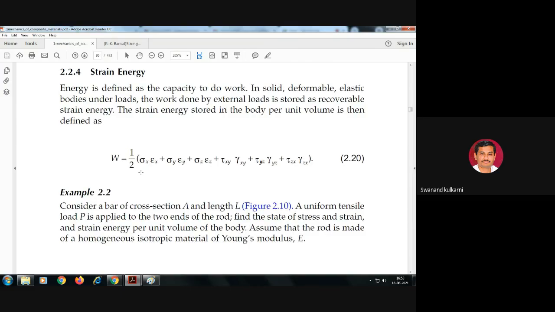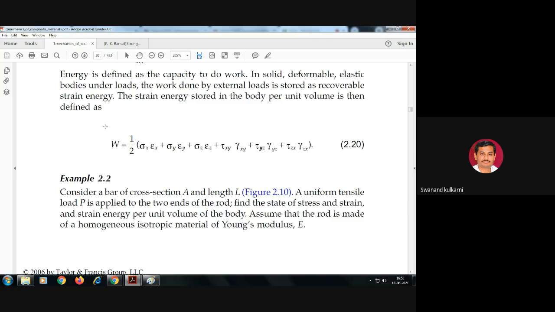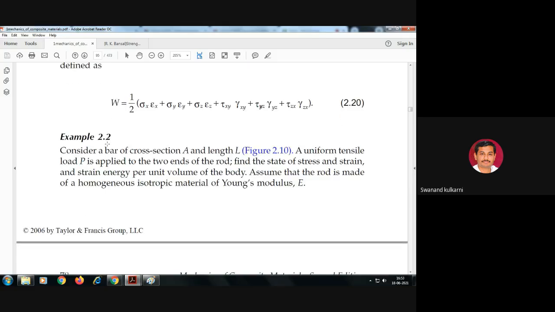But definitely that is the multiplication of stress and strain, because we take the area under the curve. Initially it is 0 and finally sigma x into epsilon x, we take the average, and that's why 1/2 is taken into consideration. So this is the strain energy which we consider here.